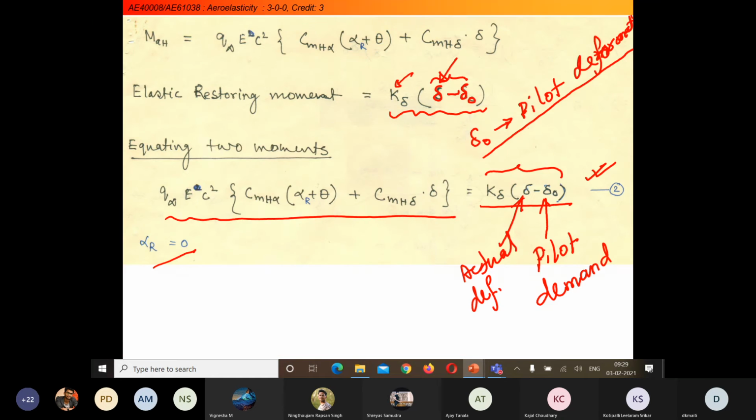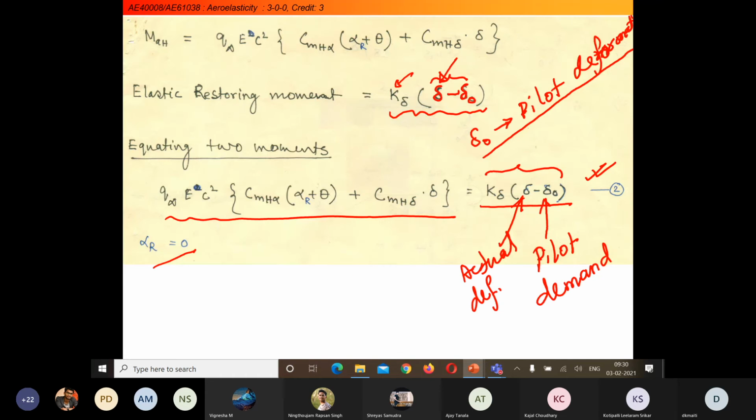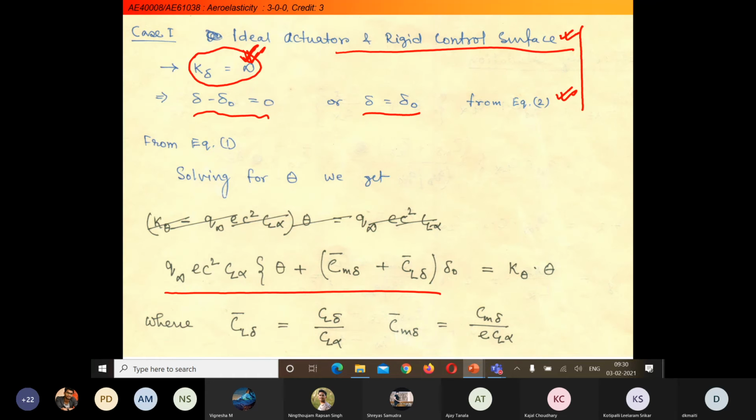If you go back, whatever equation I have expressed here: Q infinity e c square CL alpha, alpha r plus theta, CL delta by CL alpha into delta, CM delta by e CL alpha into delta. Here I am using non-dimensional parameters.